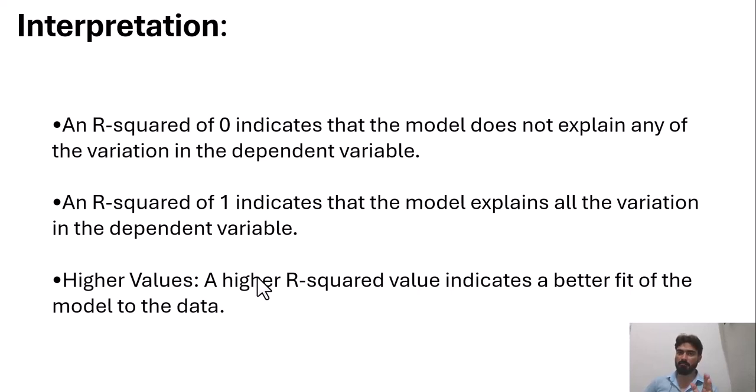So our model is very weak. And if the R-square value is close to 1, for example 0.8 or 0.9, it means that 80 or 90% of the variation in our dependent variable is due to our independent variables, which indicates that our model is well fitted. This is how we interpret the R-square value.